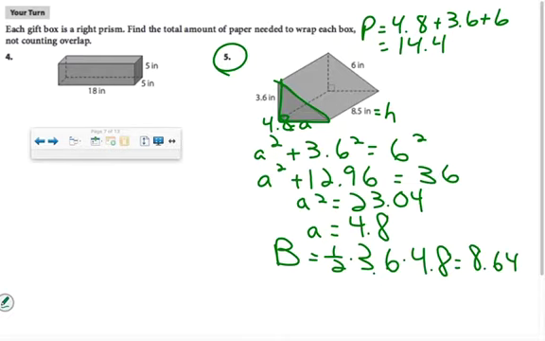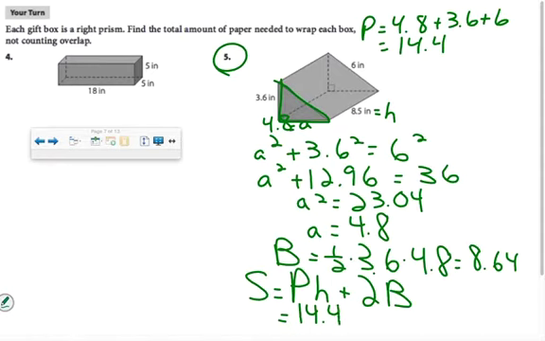Now I know everything I need in order to plug into the formula for surface area, which is PH plus 2B. So 14.4 is the value of P, times 8.5, which is my H, plus 2 times 8.64, which was my B value.